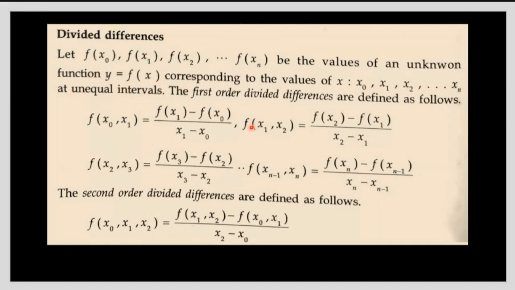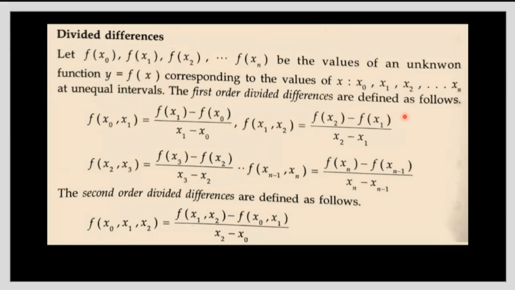Previously, in forward difference and backward difference, we took equally spaced data with a common difference, but here there is no common difference. Then the first order divided differences are defined as follows.